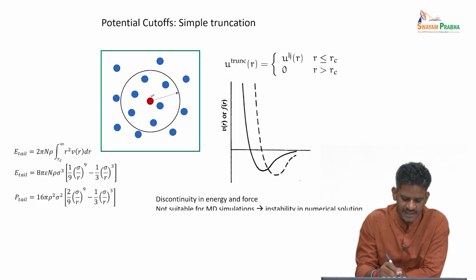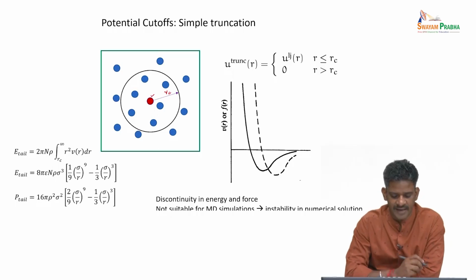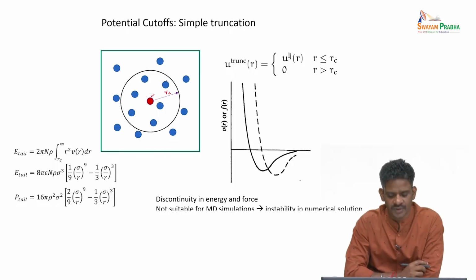Suppose we take one particular atom here, and then you can think of a spherical radius of RC, and then you can calculate the intermolecular forces between this chosen tagged atom and other atoms within this particular circle.